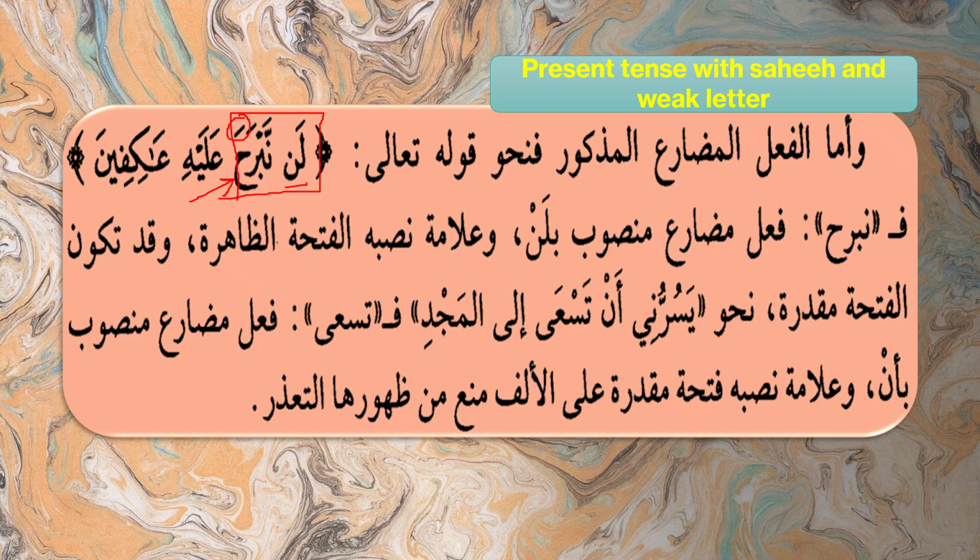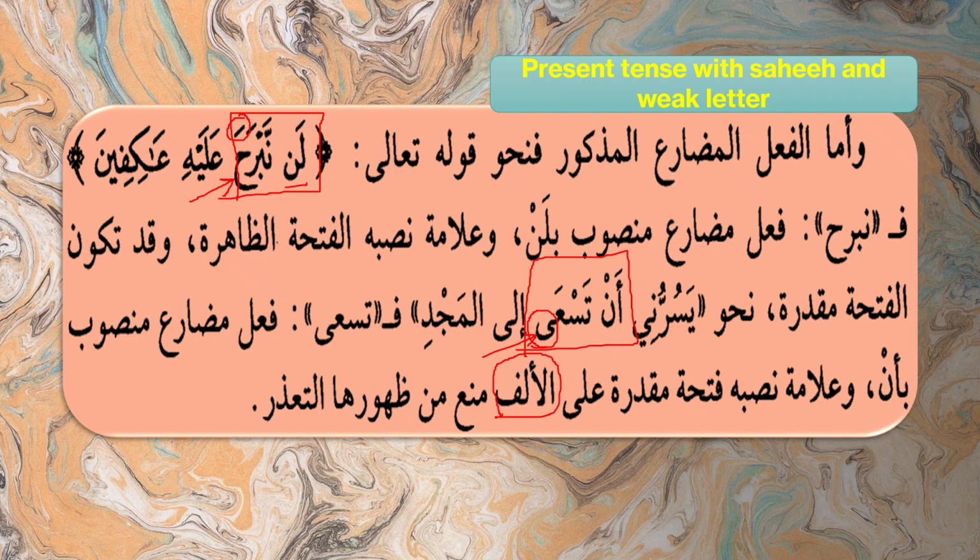Now the second case is يسرني أن تسعى إلى المجد. So our present tense with the tool of nasb is an and yas'a. In this case we have a weak letter at the end, and this weak letter is called alif maqsura. And don't get confused when in the grammar book you come across al-alif.